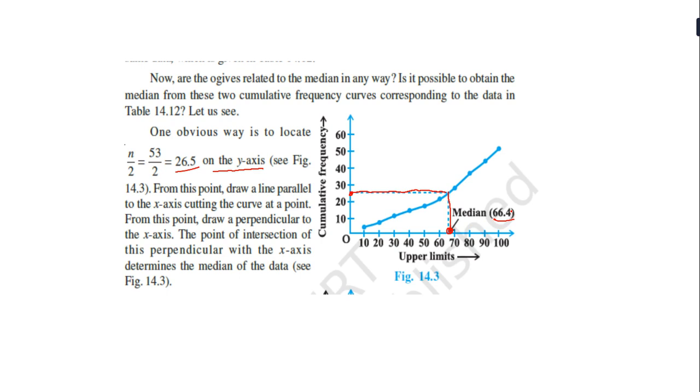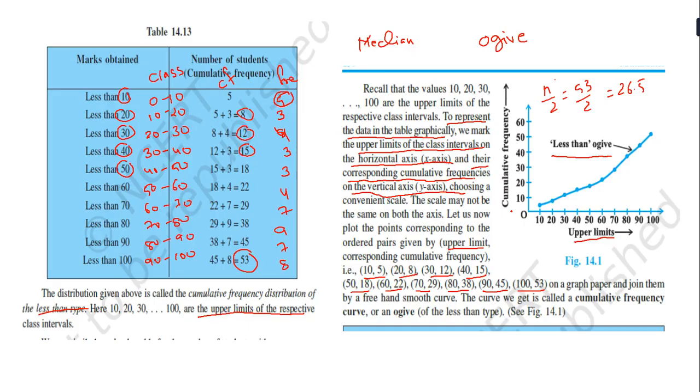Again, the ogive has two types. One is called less than, another is called more than type. So we are doing the less than type ogive here. In the less than type ogive, again I explain. First of all, I write the class, then frequency, cumulative frequency. Because frequency is given, we have to find the cumulative frequency, and then draw the graph.